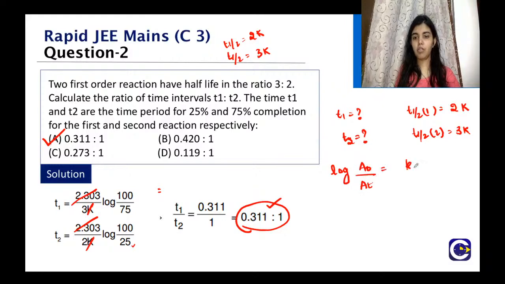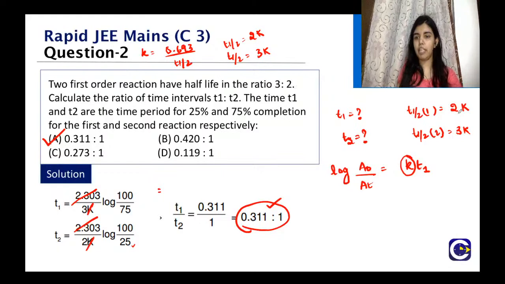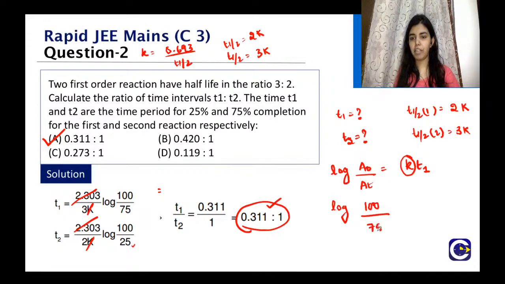Now you have to put the values of log A naught by AT equals KT. So when you need to find T1, put T1 here. And K, what will be K? We know that rate constant equals 0.693 divided by T half, and T half is basically 2K for the first reaction. So this will be log of 100 divided by, because it is a 25% completion, that means 75 will be left, equals K, which will be 0.693 divided by 2K into T1.